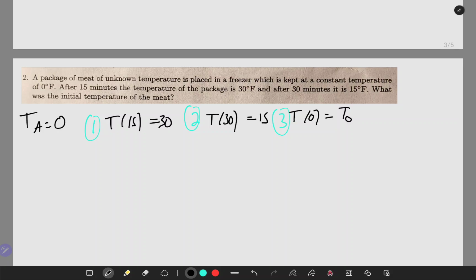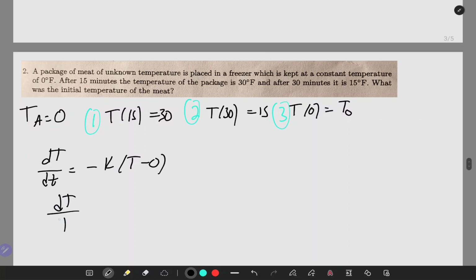So let's write our equation out. Our ambient temperature is 0. So this is just T minus 0. So that's dT over T is equal to minus K dt.